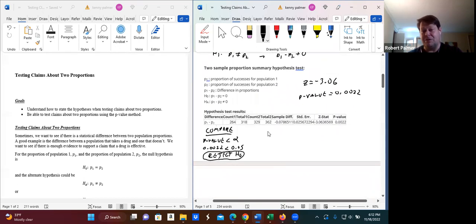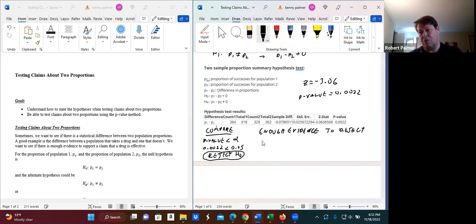So let's just summarize that. I'll just put in a sentence. So I'll say there's enough evidence to reject the claim that the accuracy rates are equal at 0.05 significance level.